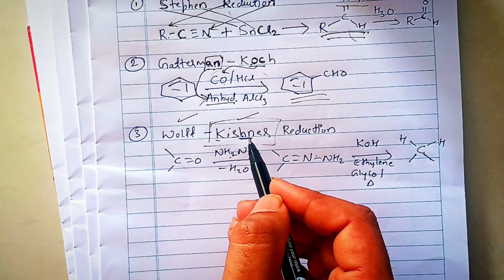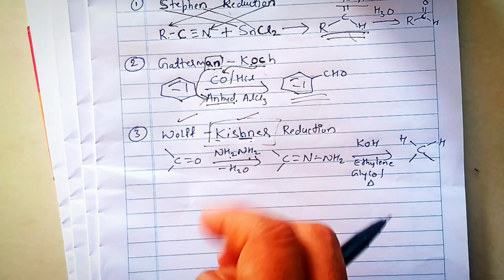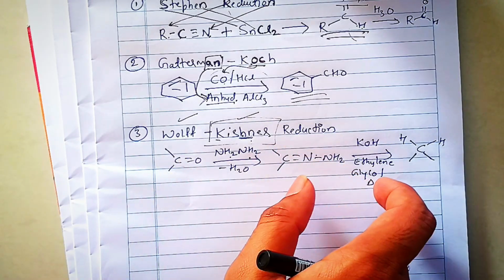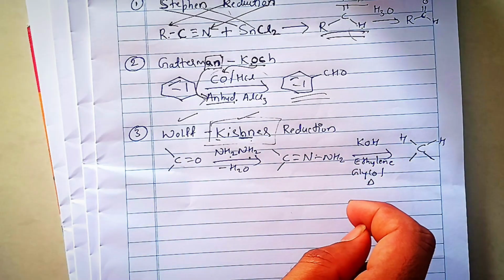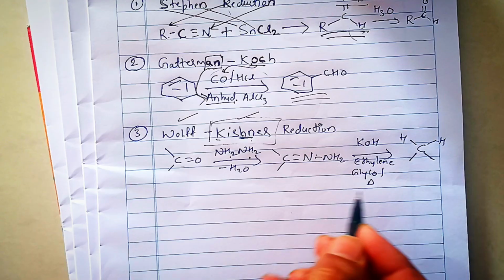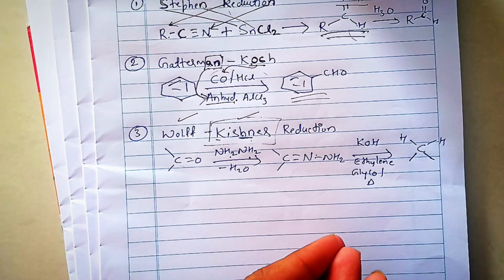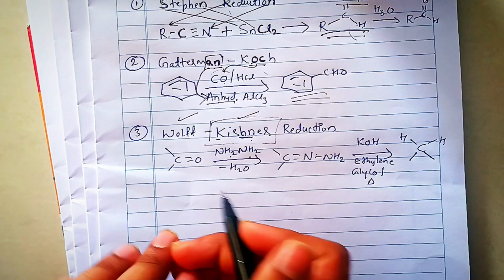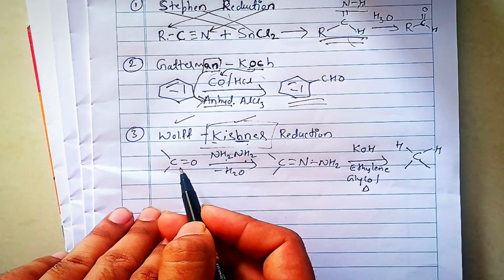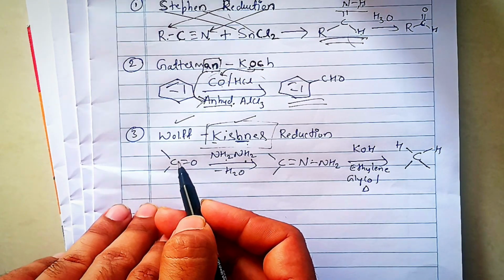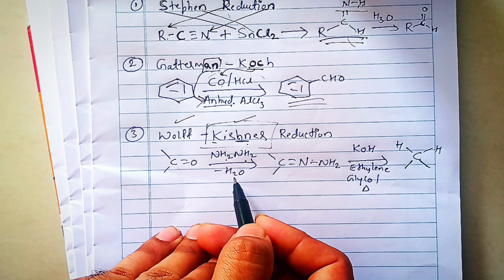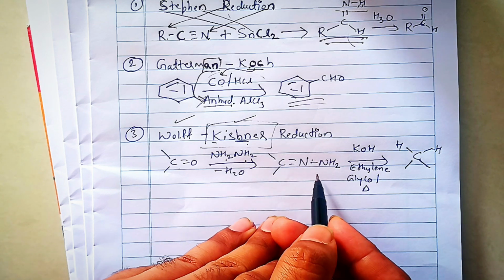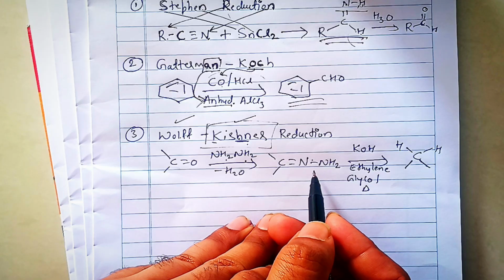In the Wolff-Kishner there will be two steps. First will be the addition of hydrogen and second will be the KOH, so the removal of N2 gas takes place by the KOH. First of all we will take the ketone. Then there will be removal of water from this hydrogen, and addition takes place.